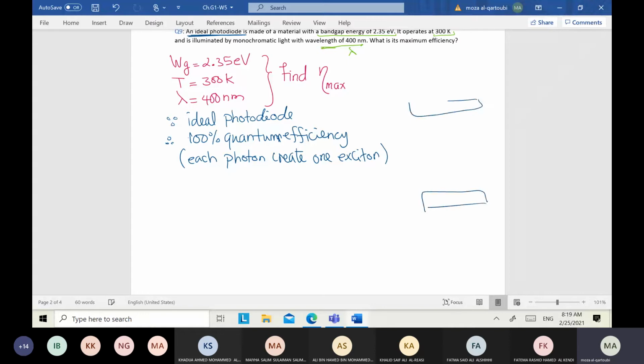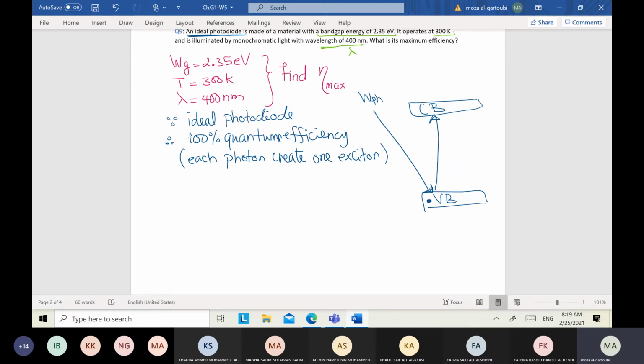A small diagram for the conduction band and valence band. So this is the conduction band and valence band, and we have a light with energy W of photon. Because we have 100% quantum efficiency, given an ideal photodiode, each photon will create one exciton, which is one hole in the valence band and one electron in the conduction band.